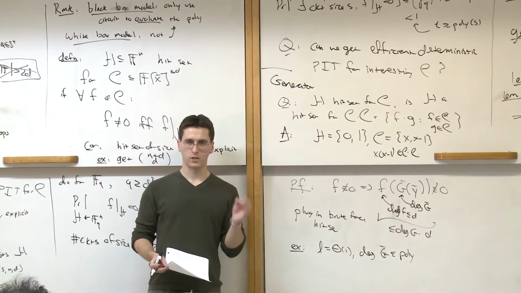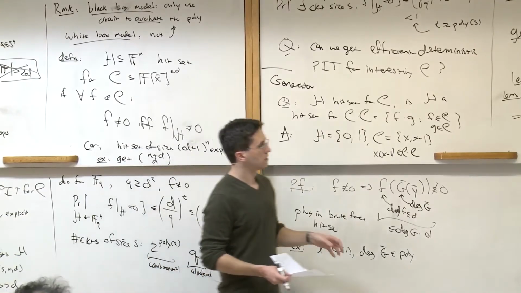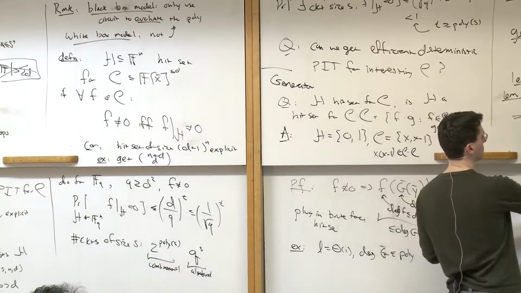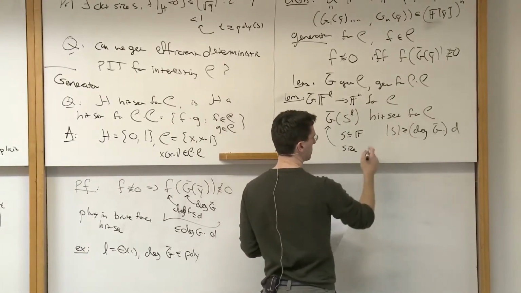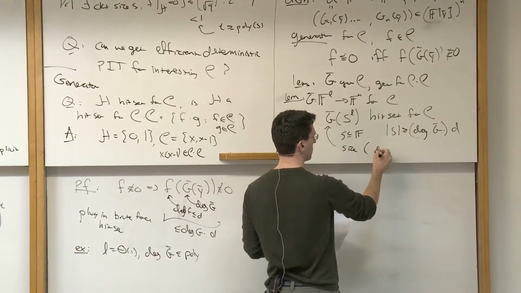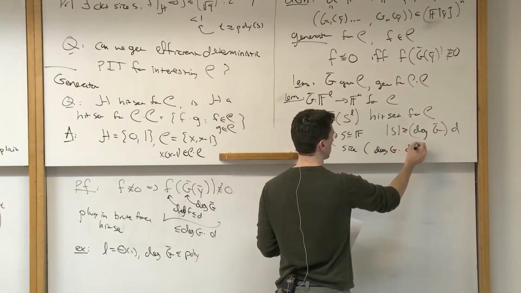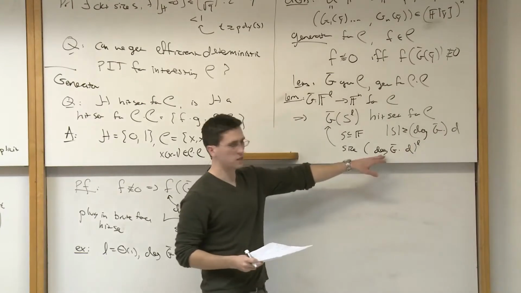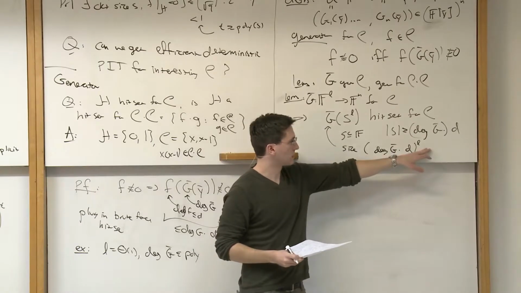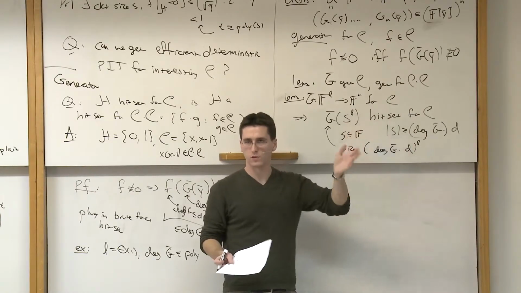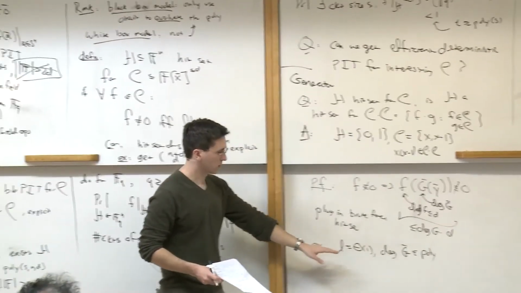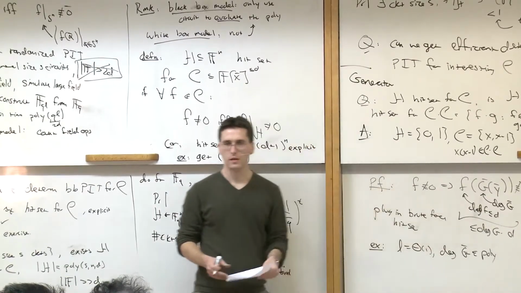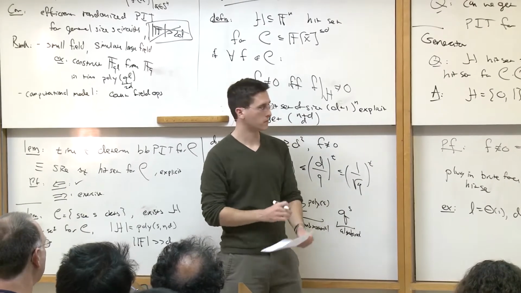Here you want a seed length which is constant, because what is the size of this cube? It's going to be this thing to the L, so it's going to be the degree of G times d, to the L. For this to be polynomial, you really want L to be constant, because d is polynomial, and the degree of G is going to be polynomial. So you really want a constant-variable generator with polynomial degree, and that would give you a polynomial-size hitting set.